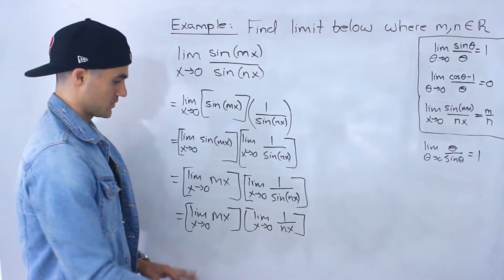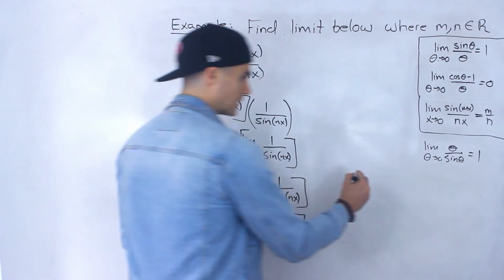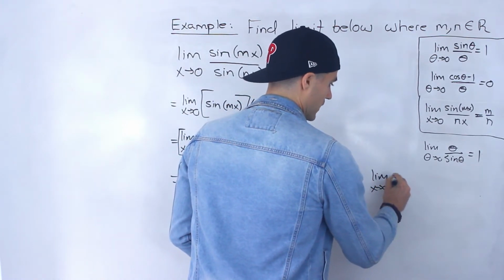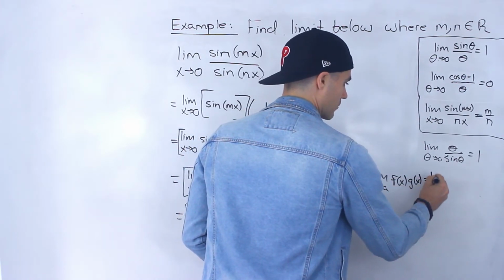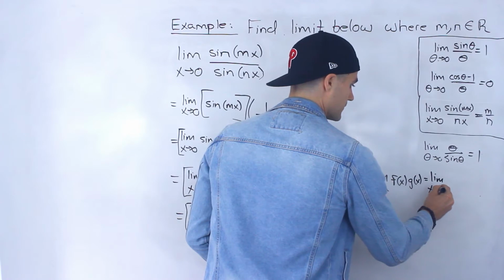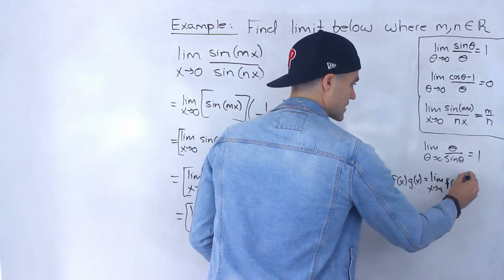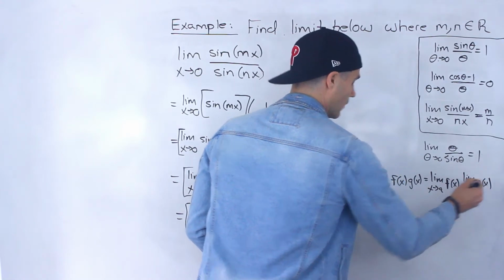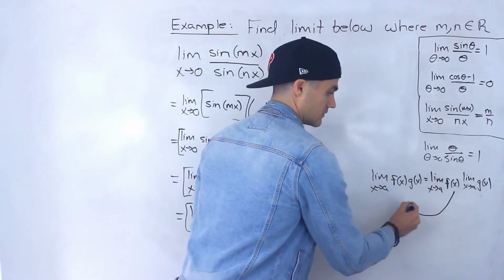And now what I'm going to do is work with these two limits here, and I'm going to bring back that limit law where we have two functions that are multiplying by each other. Remember how we could split up the limit: the limit as x approaches a of f of x and the limit as x approaches a of g of x. Well, now I'm going to go backwards.